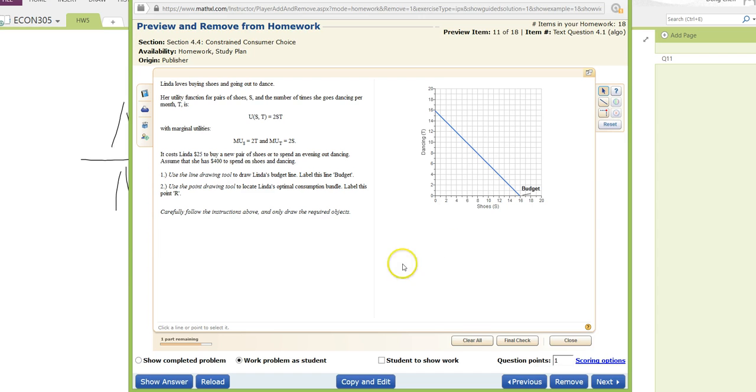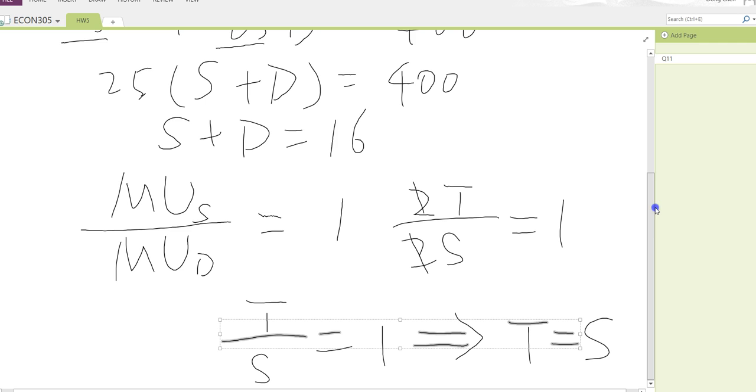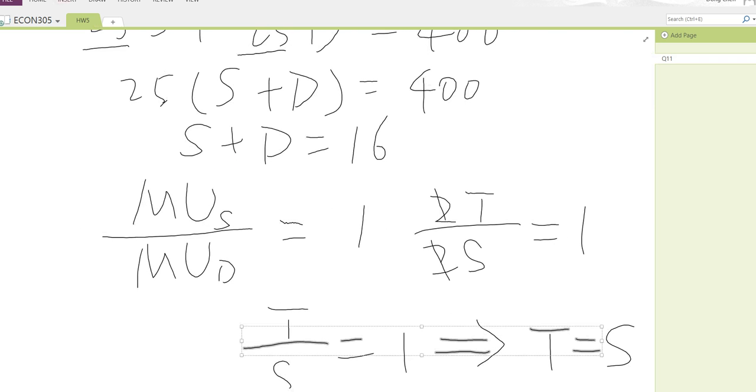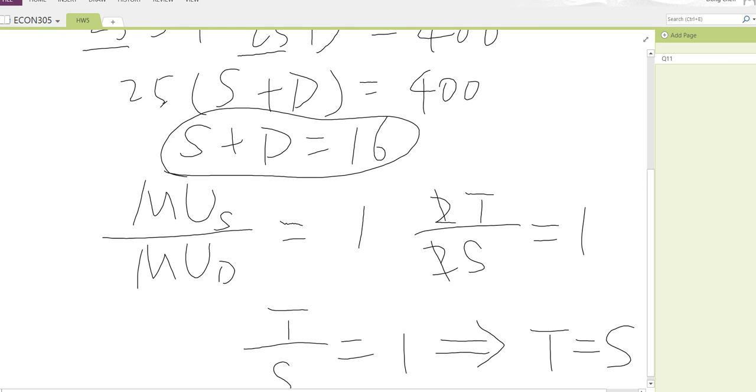And then don't forget about the budget line. So we have one equation here, and we need another equation to solve for these 2 unknowns. The other equation is right here, S plus D, and this is another one. So if you plug this into that budget line, what will you get?